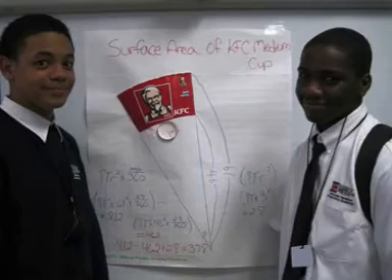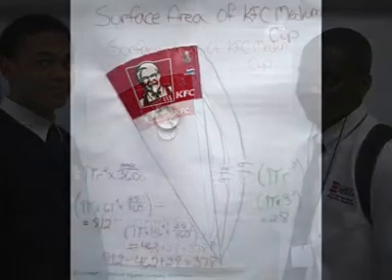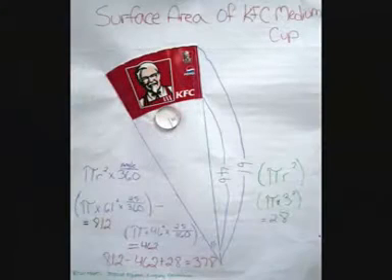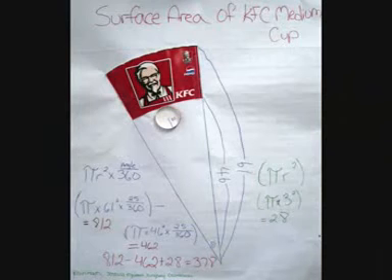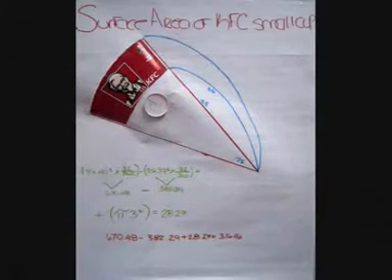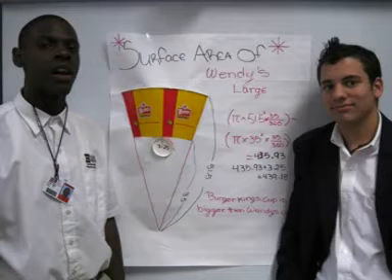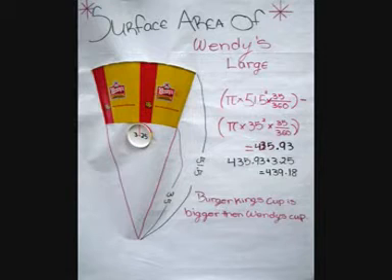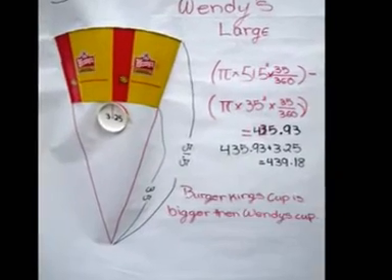Also, students work together and find things out themselves, instead of the teacher teaching them what to do. Again, the Burger King cup is bigger than the Wendy's cup. Another group had the same result.